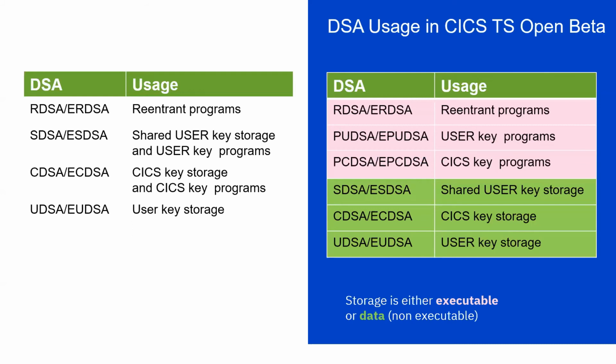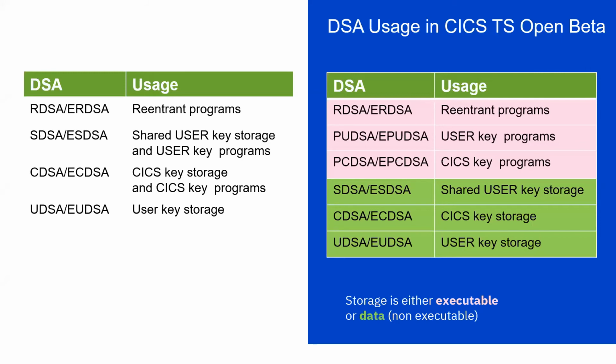Each DSA has a purpose and a storage key associated with it. So we've got the RDSA and ERDSA for reentrant programs, the SDSA for shared user key programs and also user key storage, the CDSA for CICS storage and also CICS key programs, and the UDSA for user storage.